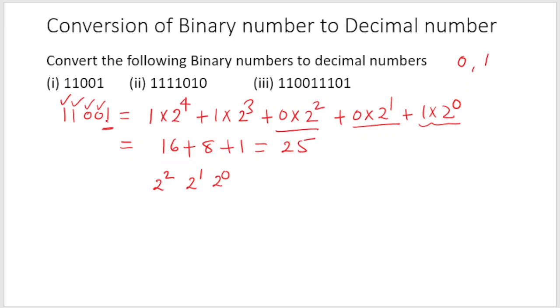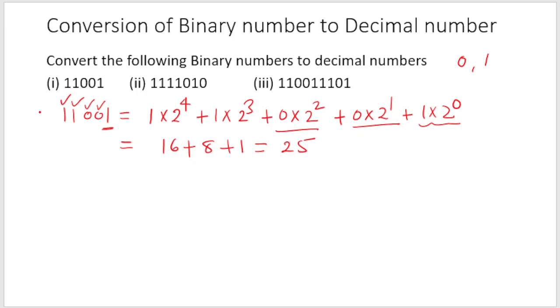So these contribute 1, then 2, then 4, and then the next digit will contribute 8, then 16, and then 32. If you remember this, it will be easier for you to directly answer the question. So I am going to take a few more problems to highlight this.